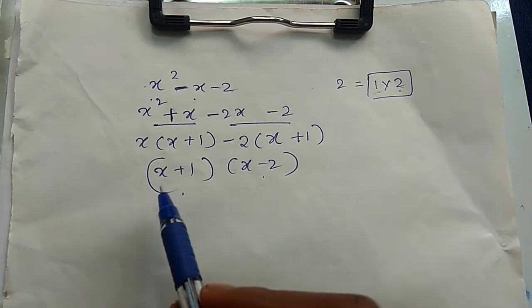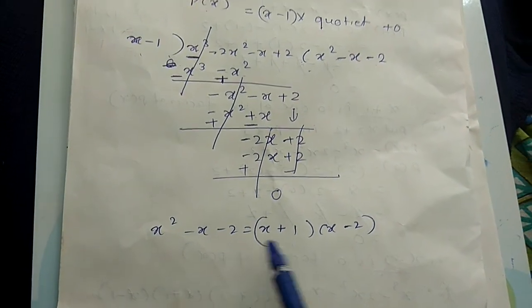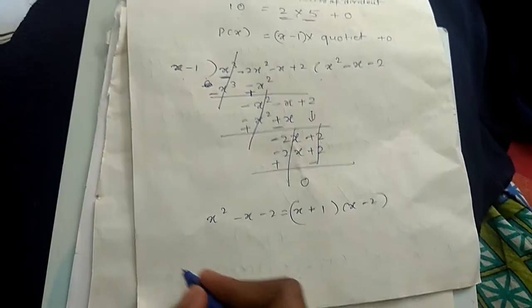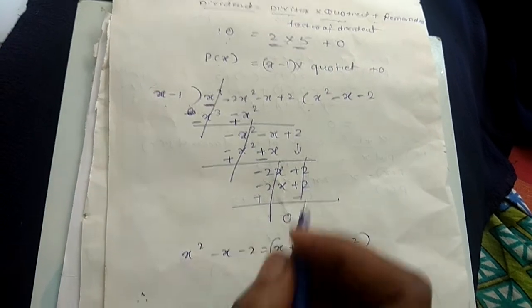So as we got these two as factors, x plus 1 and x minus 2, x square minus x minus 2 is x plus 1, x minus 2. So therefore you can write that these are two more factors of this cubic polynomial.